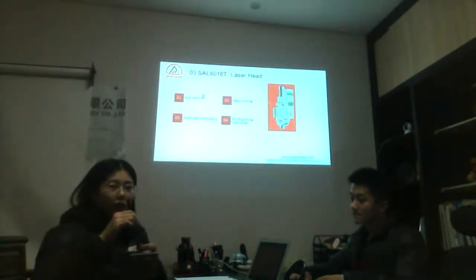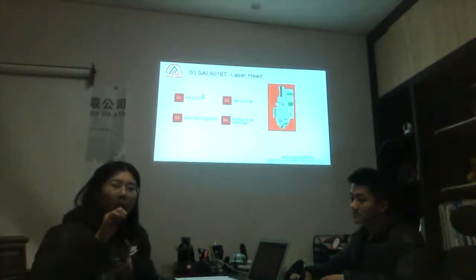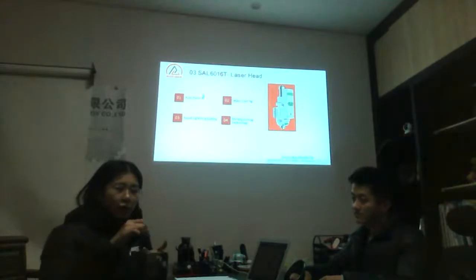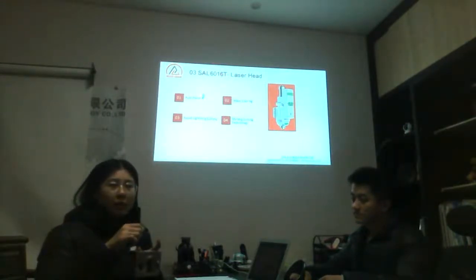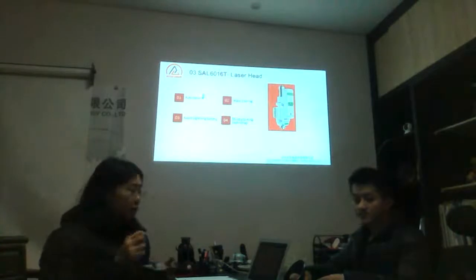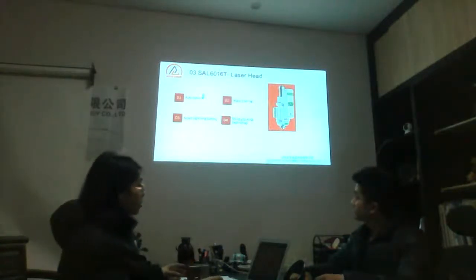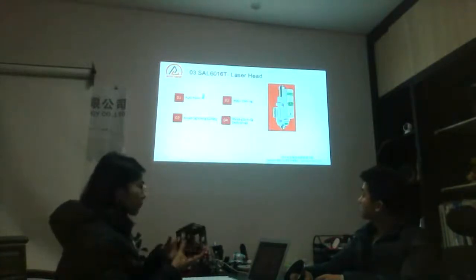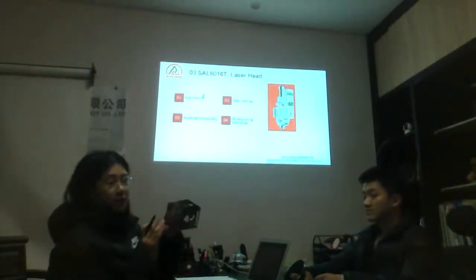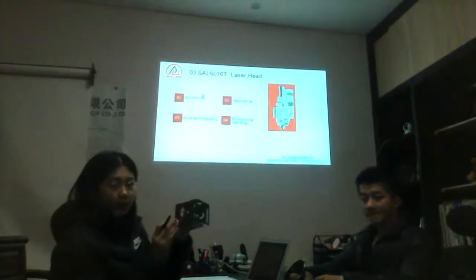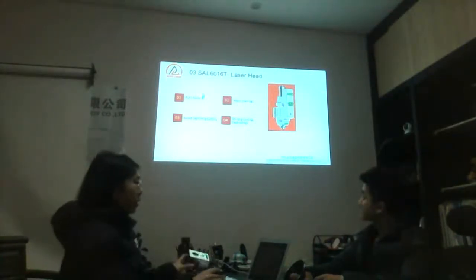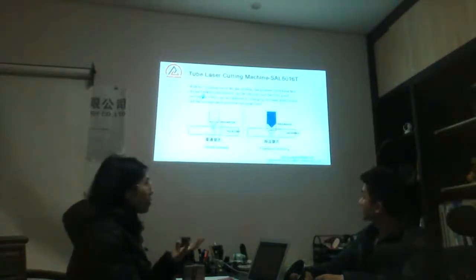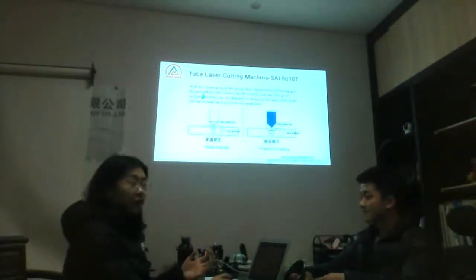We need to equip the cooling system to ensure our laser head's use life and to ensure the workpiece accuracy. And the third one is repeat lightning cutting. We can see the surface of our workpiece is a little shiny. And the shining cutting technology is one of our laser head advantages.